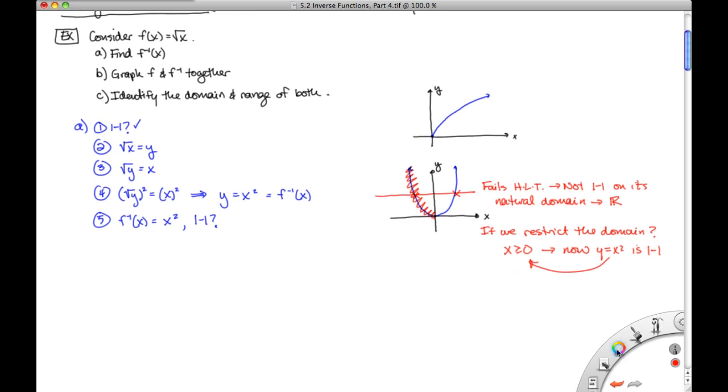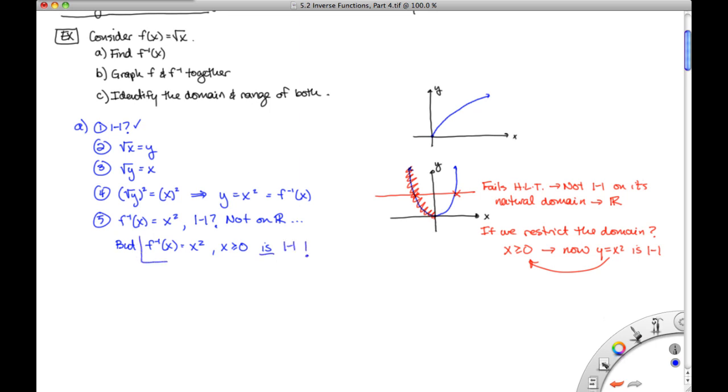So if we go back to our problem here, we're going to say, well, maybe it's not 1 to 1 on the entire real number line, but f inverse of x equals x squared, where x is greater than or equal to 0, is 1 to 1.